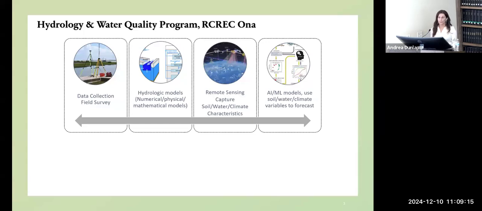Instrumentation and data collection is one thing that we are doing. That's the base for many research areas with the nature of environment and water resources. Hydrologic models, including numerical and physical models, are the other phase of the groundwater study that we do here at ONA.